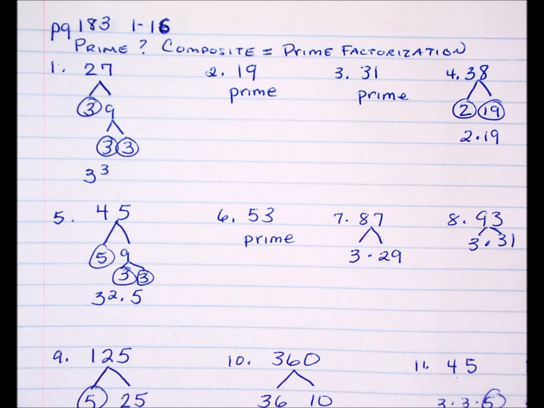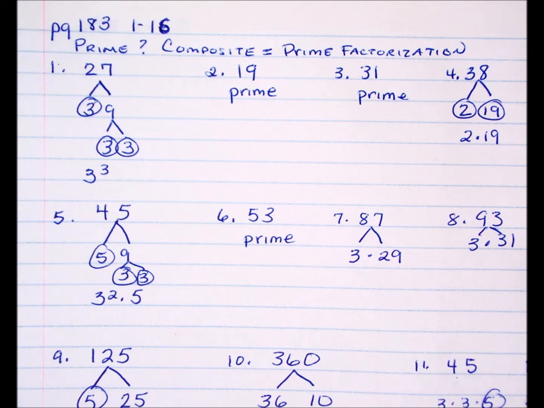And then 87, I didn't know whether it was prime or not. So I added 8 and 7 and got 15. That told me immediately that it was not a prime number because it could be divided by 3. So I started with 3 and did 3 times 29. And 29 is a prime number. 2 plus 9 is 11.